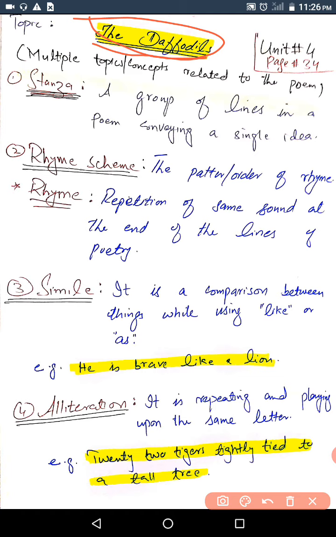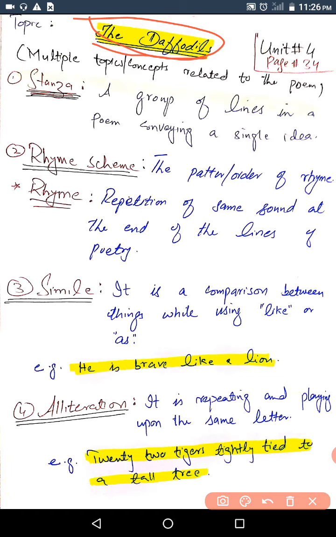And I will show you the rhyme and the rhyme scheme in this poem. This is also coming at the end of this video. So rhyme is the repetition of the same sound at the end of the lines of poetry, and rhyme scheme is the pattern of that rhyme, the order in which that rhyme occurs.